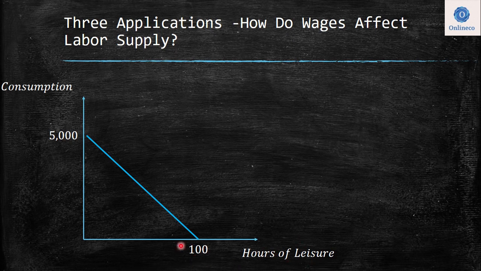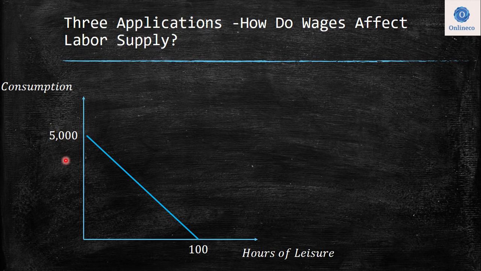If you do not work at all, you automatically get 100 hours of leisure, but obviously you get zero consumption because you will not get money. Otherwise, you can use these 100 hours, and times $50 per hour, you will end up with $5,000 of consumption. So this is the trade-off.